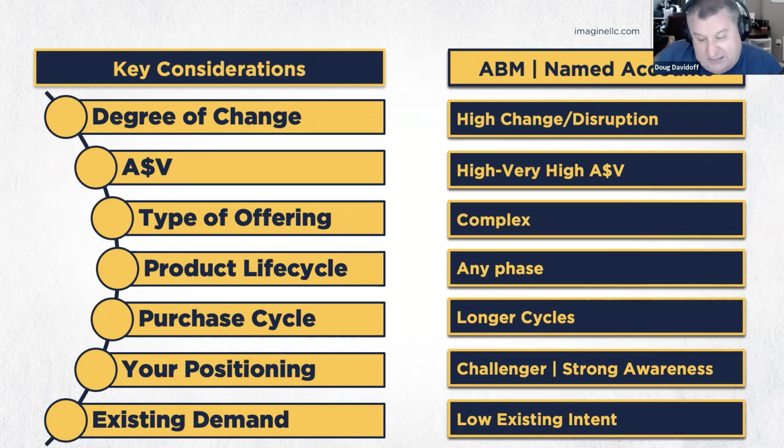By the way, less change, less disruption, even if there's a set number of customers, the ABM development approach might not be the right one for you. You might be better off with target and cultivate because if there's not a higher level of change, then you don't necessarily need the level of customization that drives success in this game. The SV is high to very high.